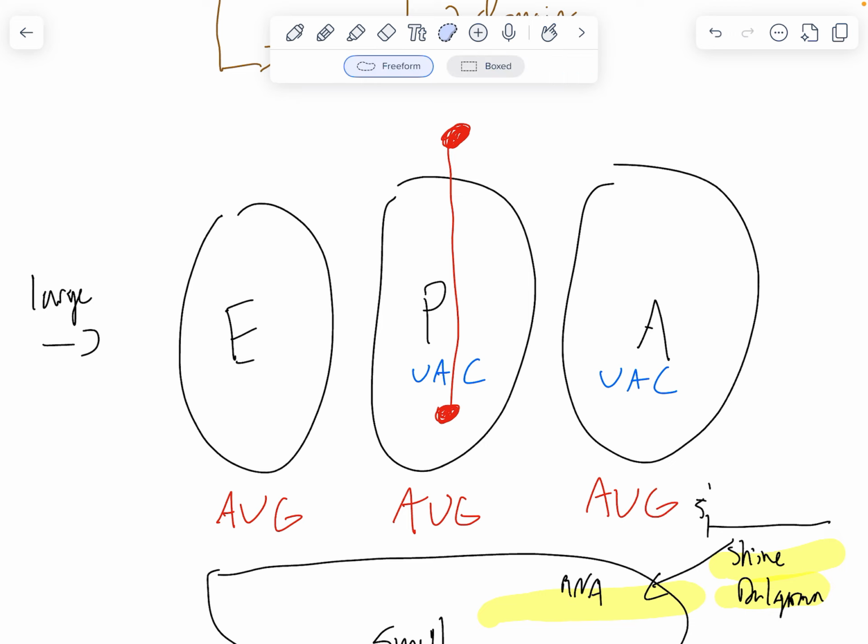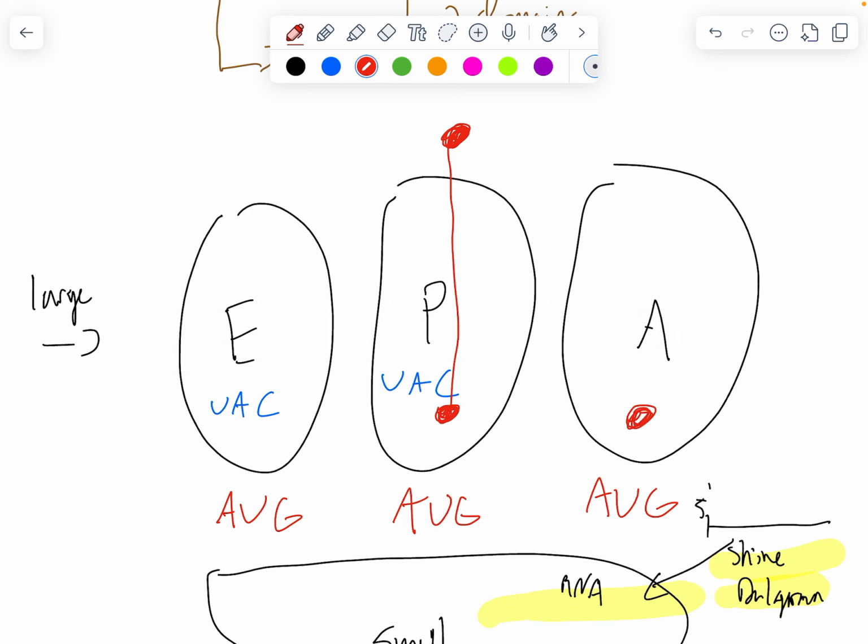And my tRNAs are going to move also. And then I'm going to cleave this peptide bond.